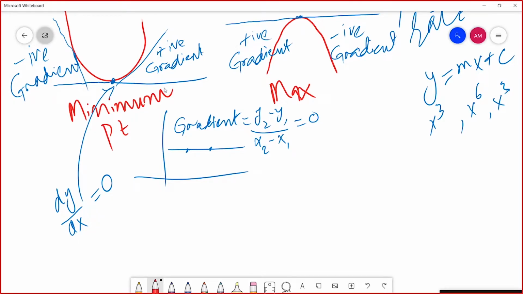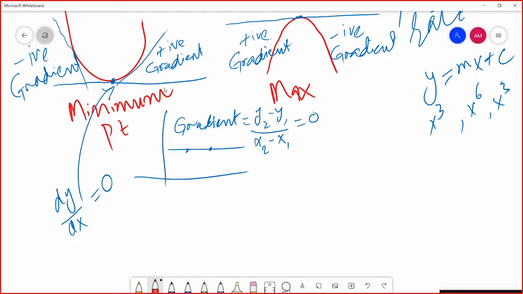The third case is horizontal inflection. What is meant by horizontal inflection? It may happen that a curve or the equation is like this. Normally, as I said, this could be an equation with x to the power of any number, so it is not necessary that it's a parabola.